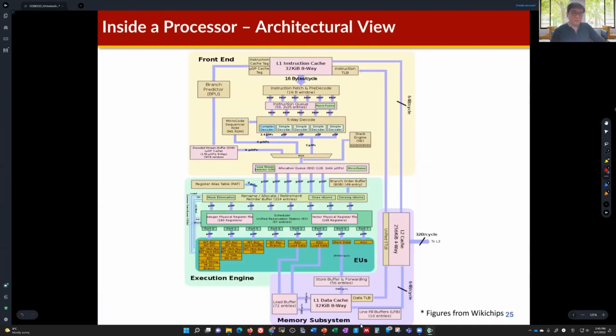So what is the architectural view? This is an example of the architectural view of the Intel i7. It's the same processor. Can you see? We cannot see any transistors in this figure. You can see some rectangles and some arrows, lines that connect different rectangles.